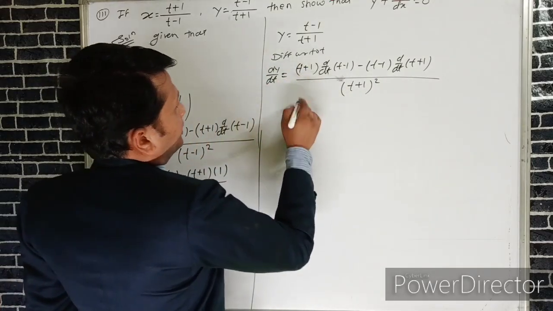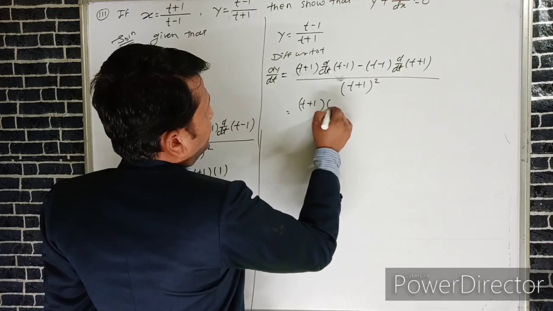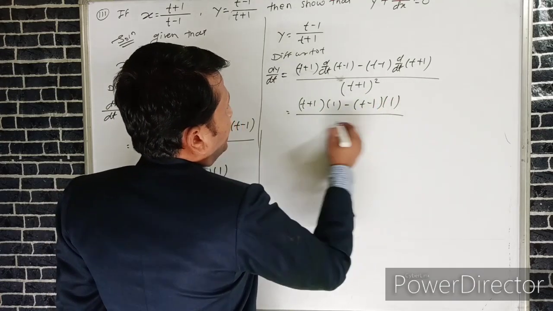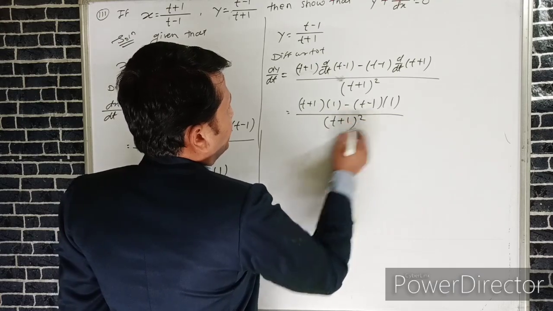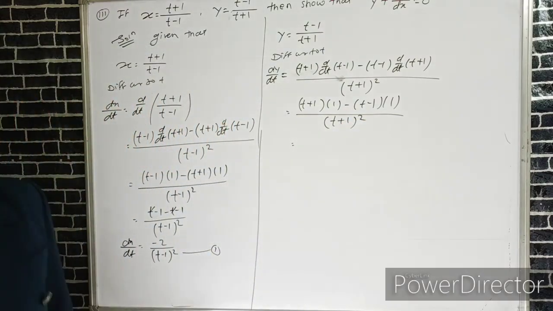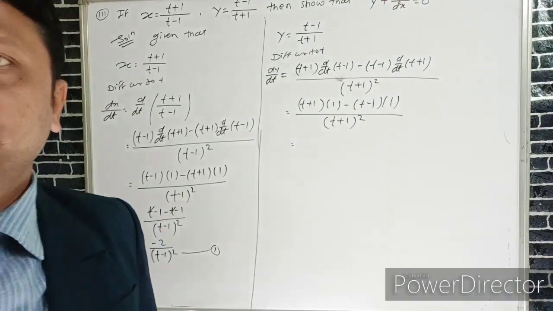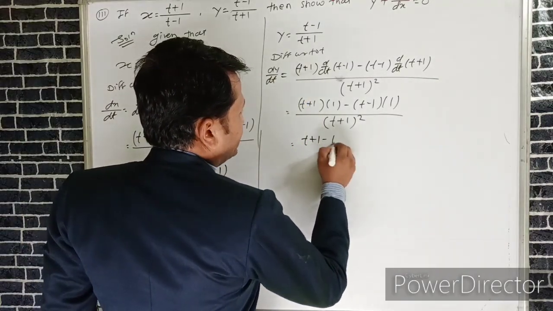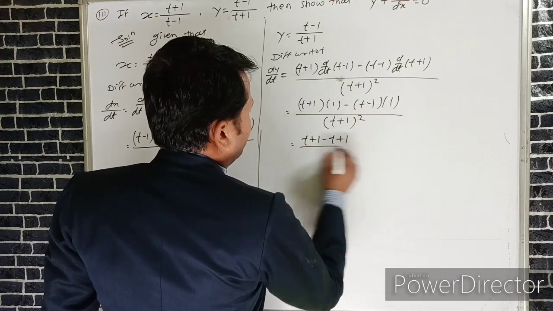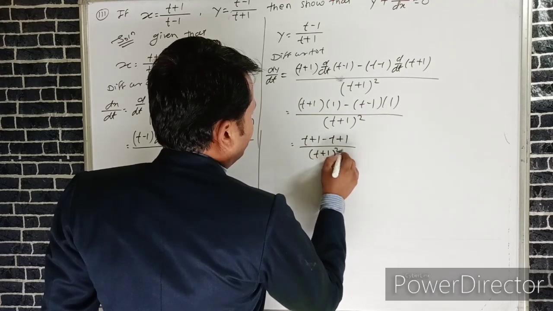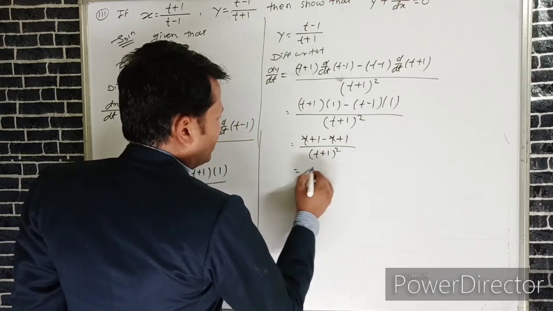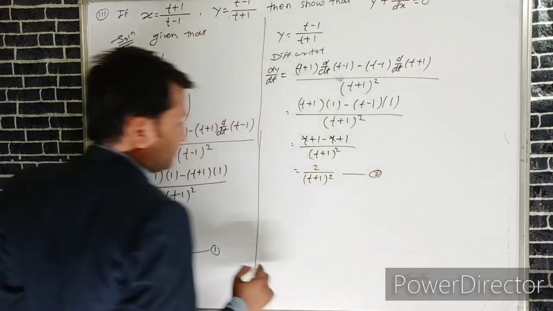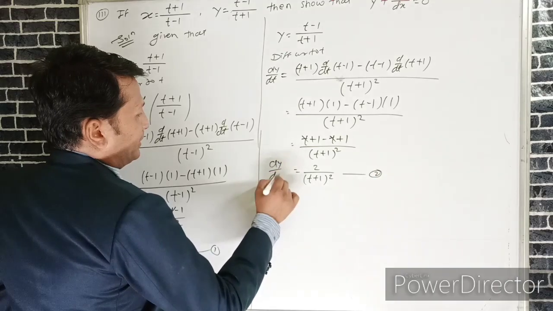We know that t plus 1 as it is, derivative of t minus 1 is 1, minus t minus 1 into derivative of t plus 1 which is 1, upon t plus 1 whole bracket square. If we multiply this term, t plus 1 as it is minus t minus minus plus 1 upon t plus 1 whole bracket square, plus t minus t cancel, which is 2 upon t plus 1 whole bracket square. Number 2, which is the value of dy by dt.